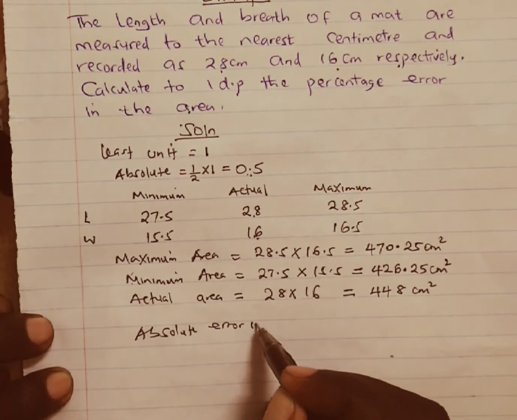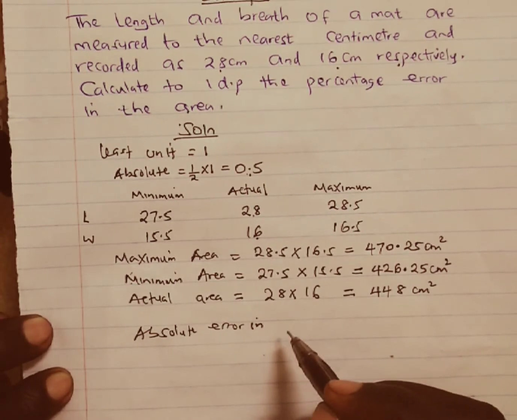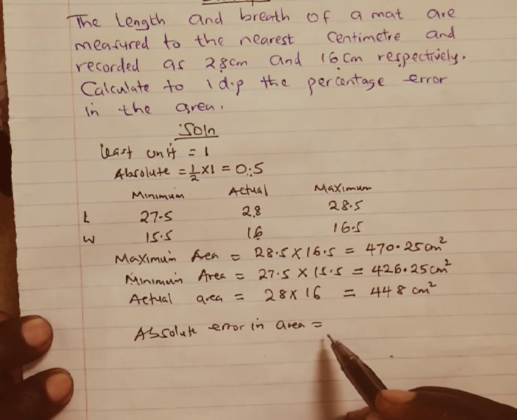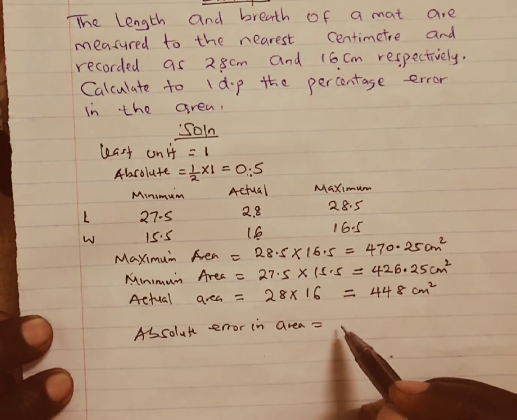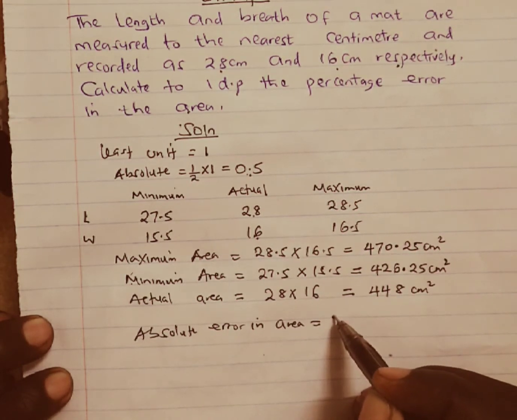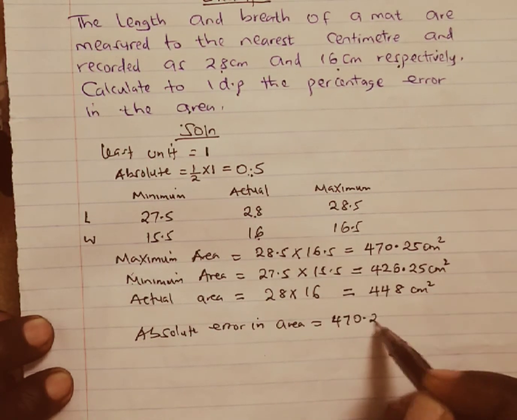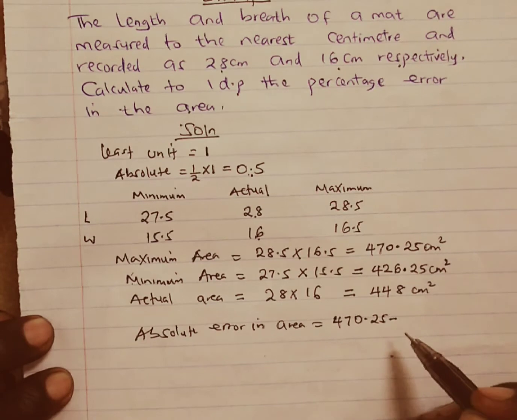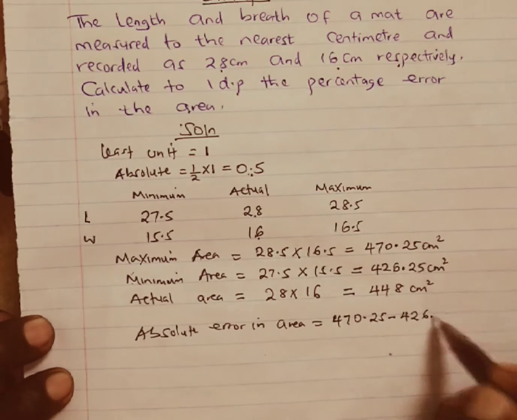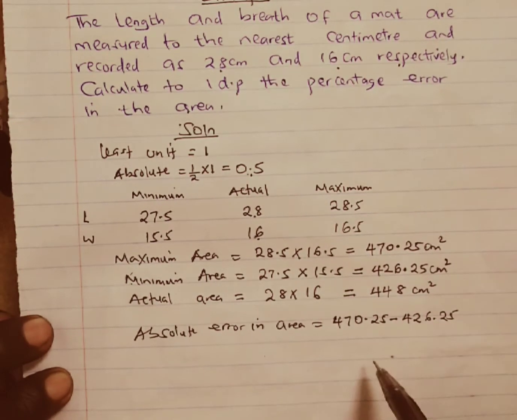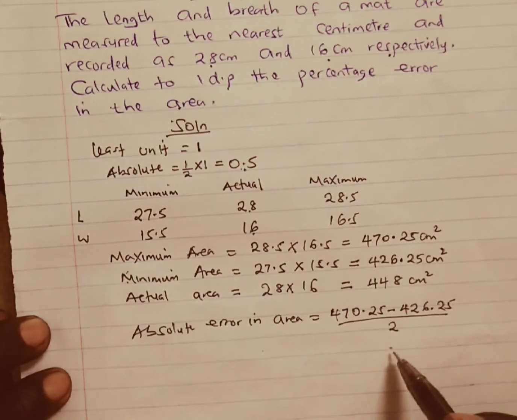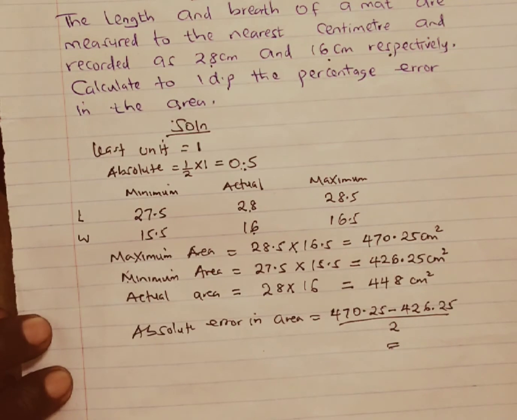Absolute error in area. To get the absolute error in area, we are going to take the maximum area minus the minimum, we divide by 2. So we take the maximum area of 470.25, we minus the minimum area of 426.25, then we divide everything by 2, and this one is going to give us what value?